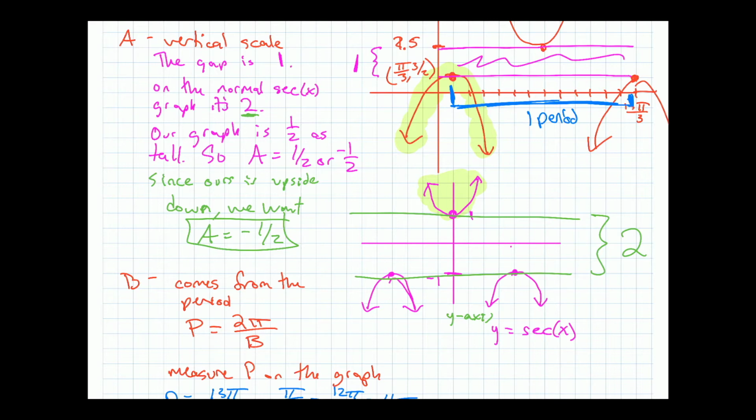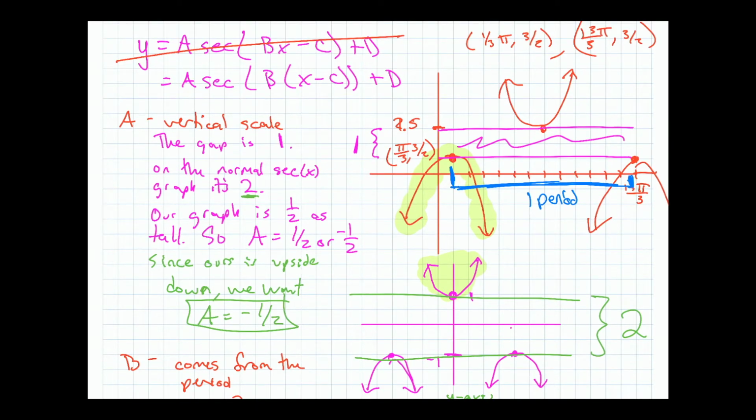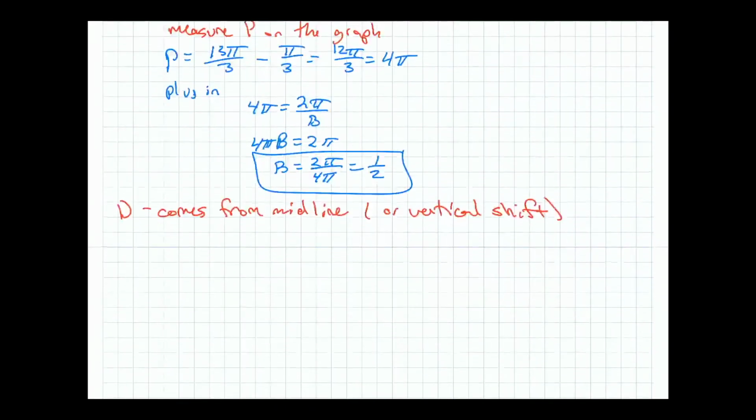It's a little bit tricky to see here, but this is up at a height of 2.5, and the bottom one is down at a height of 1.5. So the middle is at 2, isn't it? 1.5, 2, 2.5. The middle is at 2, so that's the midline. D comes from the midline, so we're up 2. You just read it off the graph.